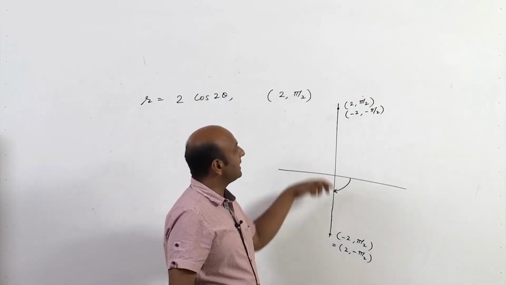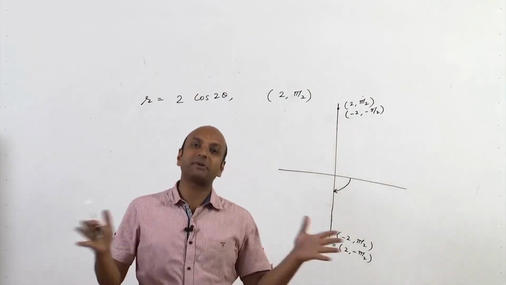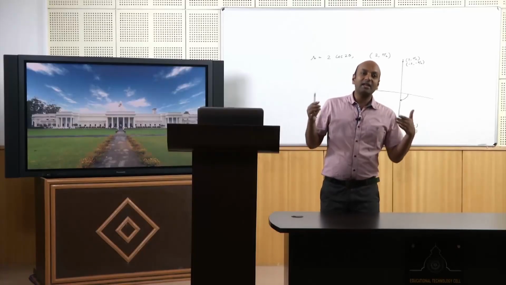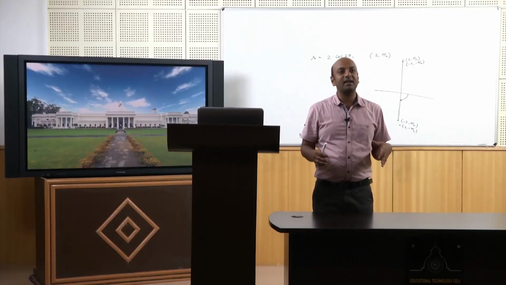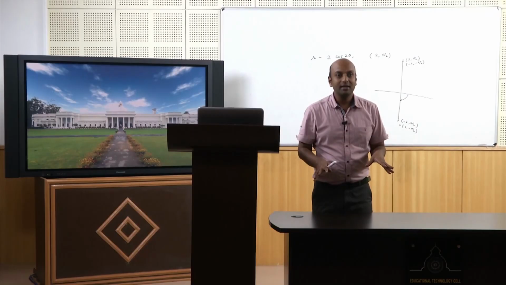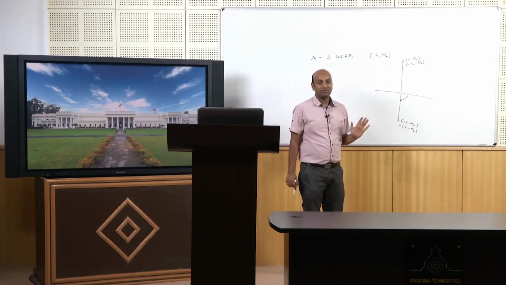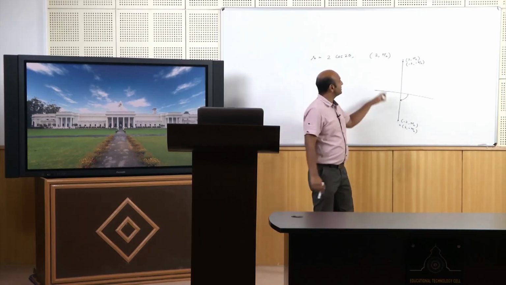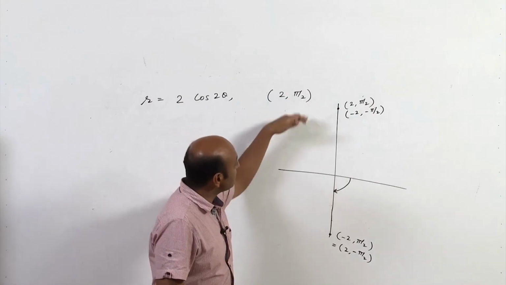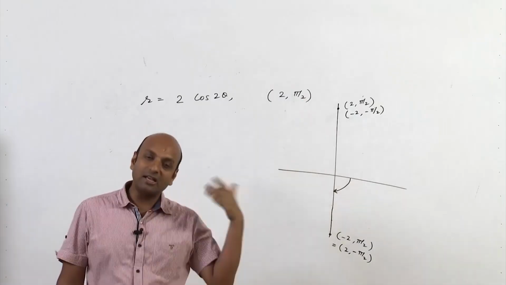What I want to say is that this point has infinite representations, and if any one of the representations satisfies the given polar equation, this means this point lies on this curve.